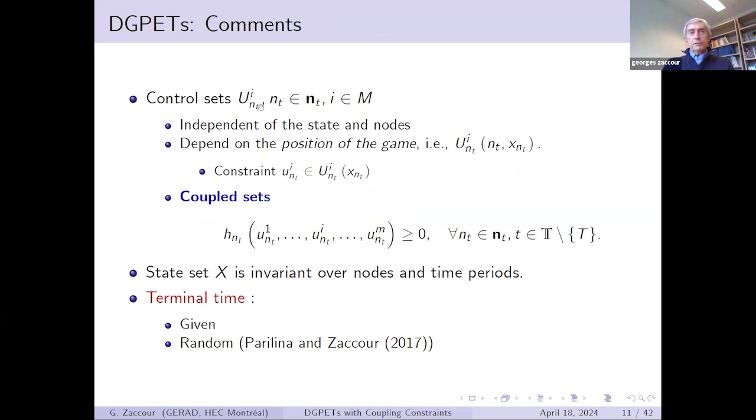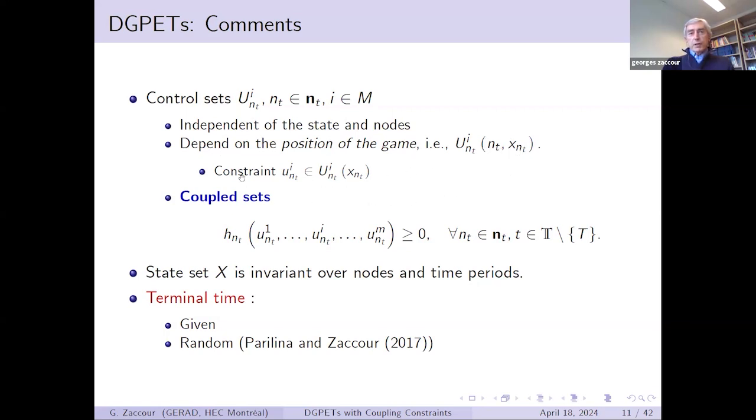One possibility is to have this control set independent of the state and nodes, meaning you have a control set that is invariant over all these nodes. One possibility that is a bit more complicated is to have the control set dependent on the position of the game, meaning that this U^i(nt) varies with the node and also with the state at this particular node.